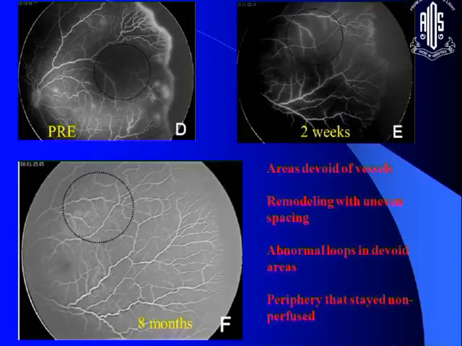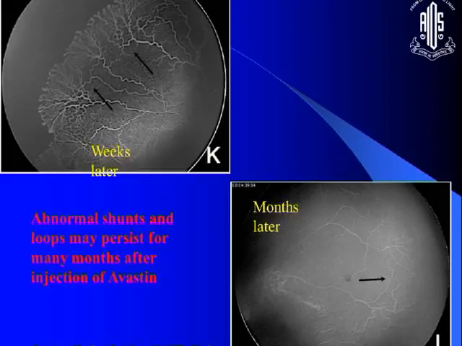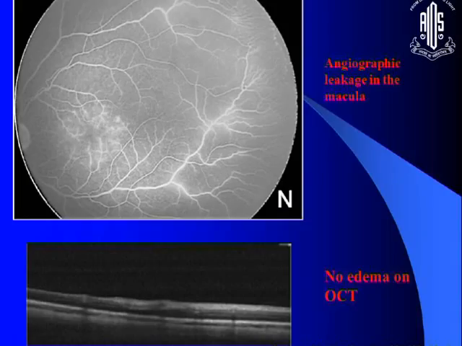I think she has shown a variety of things happening after injection of Avastin. Even she has shown some of these shunt vessels developing, and also the leak, which the OCT doesn't show. But she has shown that even after Avastin you might have a leakage like that developing in the macular area. So lots of things are possible, and this is a great tool.